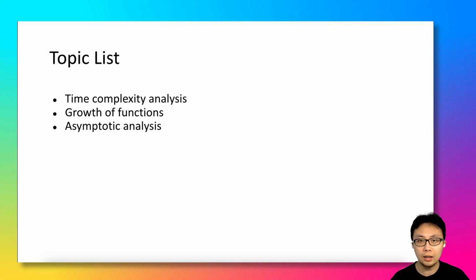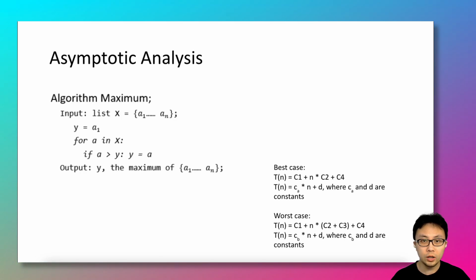Given an algorithm, you will be asked to find its upper or lower bound, or sometimes tight bound. For example, this is an algorithm that we examined in the first two lectures. This algorithm searches for and returns the max value, given a linear data structure like an array. In the past, we analyzed its best case and worst case, and derived time complexity functions accordingly.